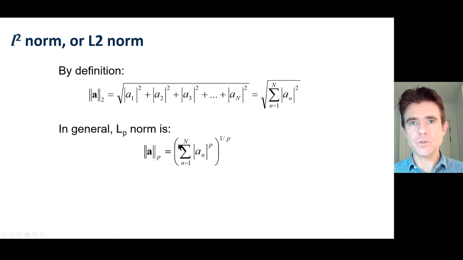So therefore, the L2 norm is the sum of squares and then square root, but you could do L3, you could do L1. L1 is a common example where you're just adding up the absolute values in the vector. L0 is just counting the number of non-zero elements, and L infinity, I think, is just the largest element in the vector. So there are extreme cases, but anyway, it's probably L1, L2, L0 that you're going to need to know the most.